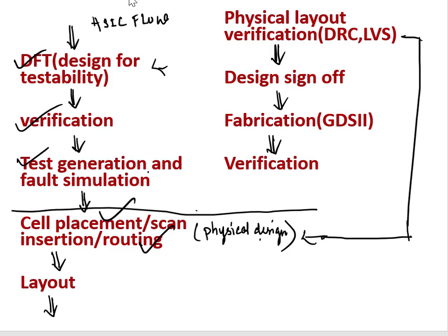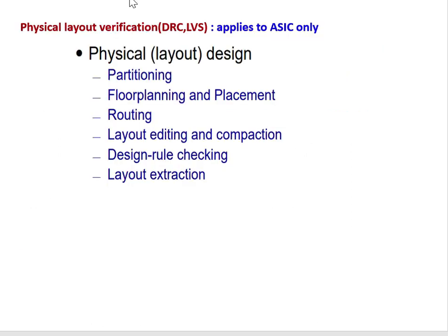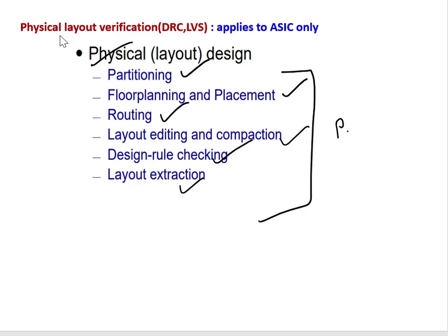Physical layout design includes partitioning, floor planning and placement, routing, layout editing and compaction, then DRC, design rule check, and layout extraction. So this is physical design.